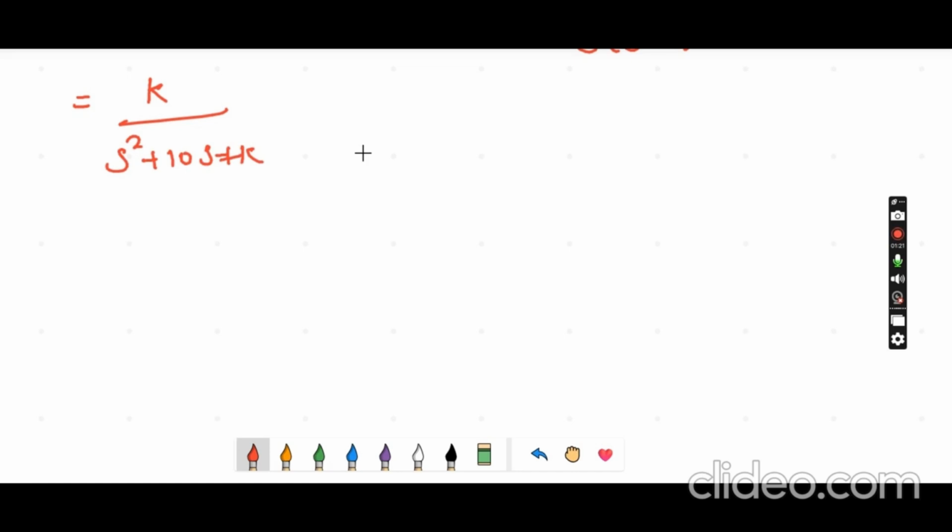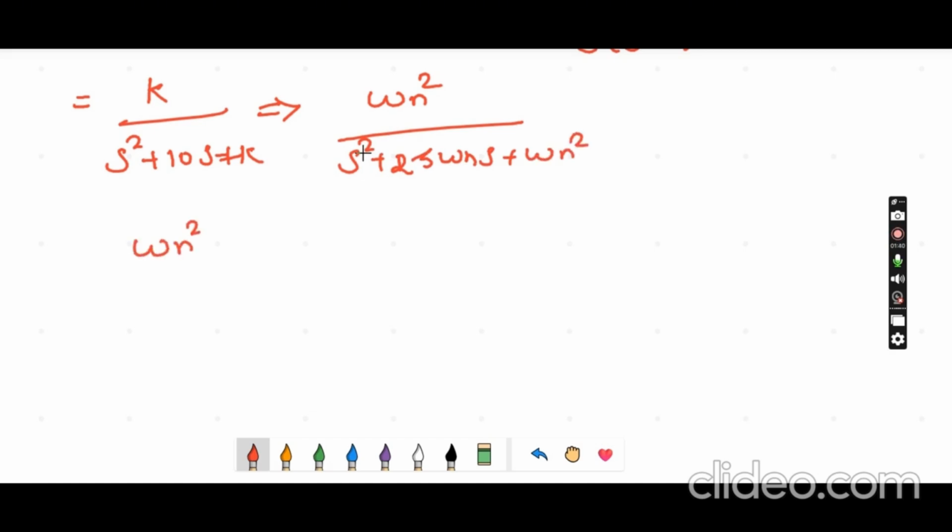So we need to find the value of K. For that, we will equate this to the general form of equation, s square plus 2 zeta omega n s plus omega n square. By equating, we know that K is equal to omega n square.